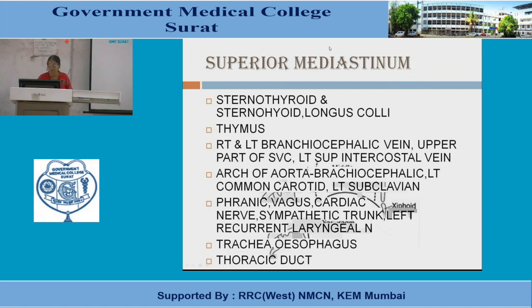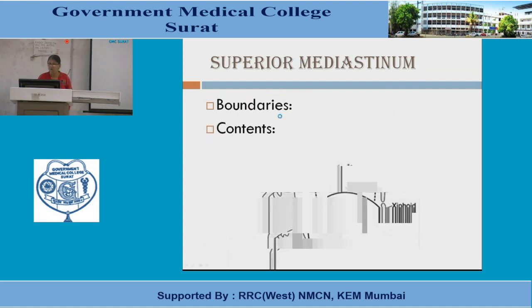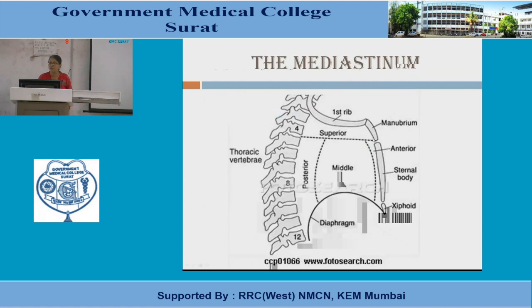Now, let us see the list of structures. First are the muscles; I told you many muscles are present in the mediastinum, and they are present in the superior mediastinum: sternohyoid, sternothyroid and longus colli muscle. Sternohyoid and sternothyroid, if you remember, take origin from the posterior surface of the manubrium. And the posterior surface of the manubrium forms the anterior boundary of the superior mediastinum.